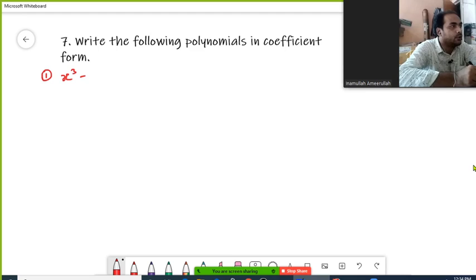X cube minus 2. This is the given polynomial, and we need to write this polynomial in coefficient form.